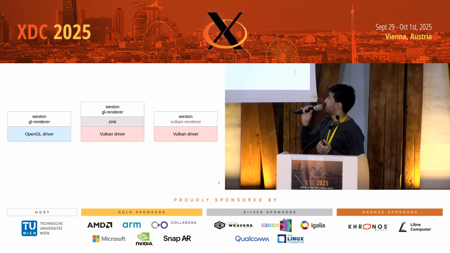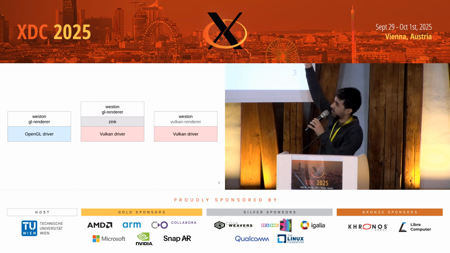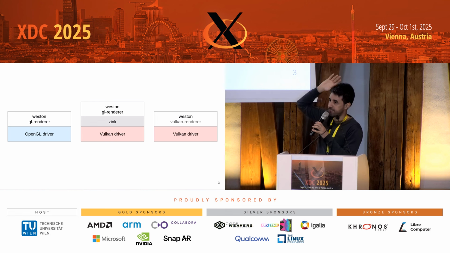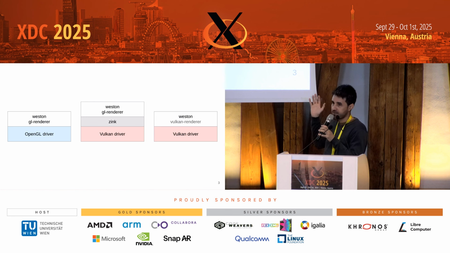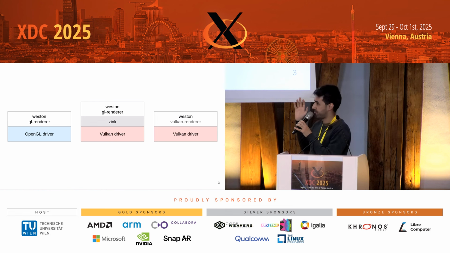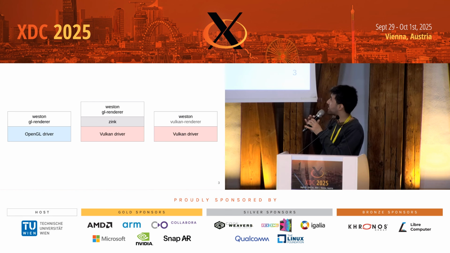But there's a bit more to that. And in fact, believe it or not, nobody has worked on a Vulkan renderer for the entire existence of Weston. And there are not so many Vulkan renderers available for most major compositors today, with a few exceptions.